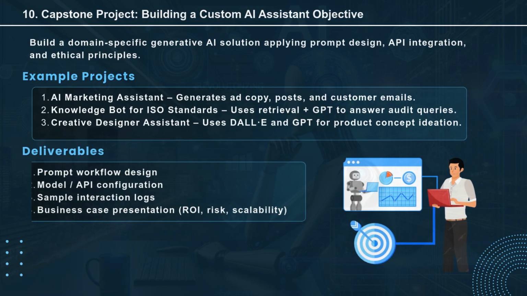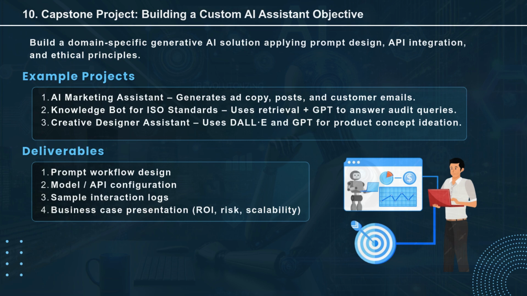This module wraps up the course with a capstone project where learners build a custom AI assistant tailored to a specific domain. The goal is to apply everything learned: prompt design, API integration, retrieval, and ethical considerations.